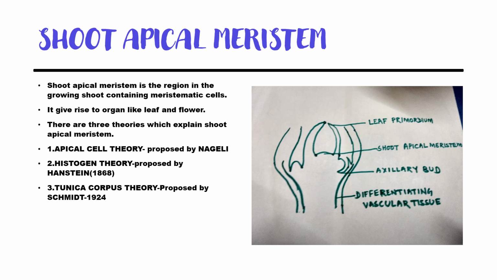To explain how the shoot apex is formed, there are three very important theories. One is the apical cell theory, proposed by Nageli. The second is the histogen theory, proposed by Hanstein. And the tunica corpus theory, proposed by Schmidt in 1924. The most applicable theory is the tunica corpus theory.